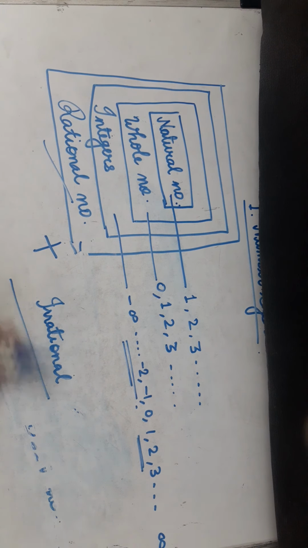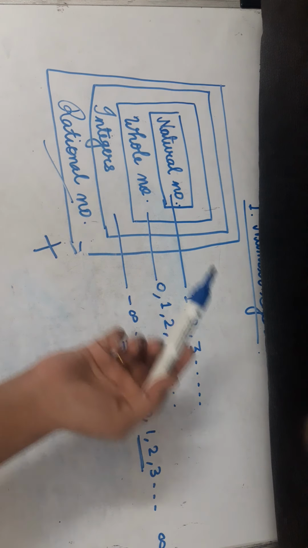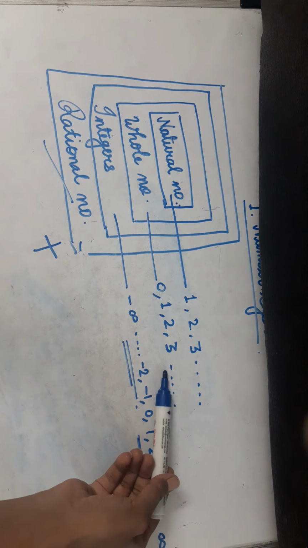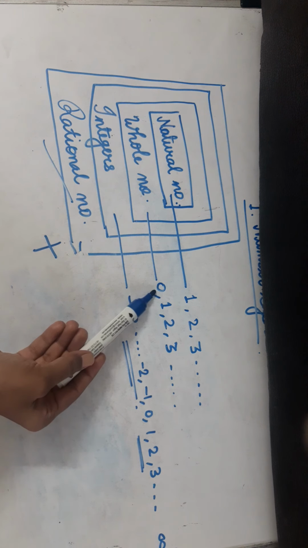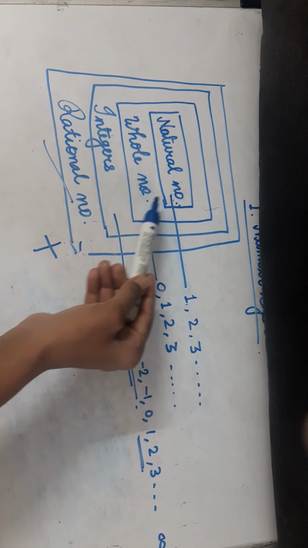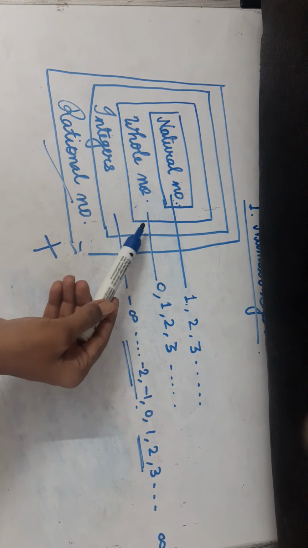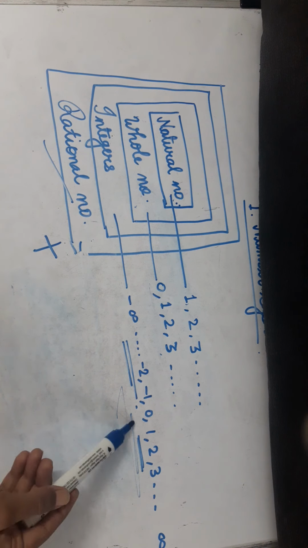Okay, then every natural number is a whole number, but every whole number is not a natural number, right? 0 is a whole number, but it is not a natural number. So every natural number is a whole number. Every whole number is an integer.